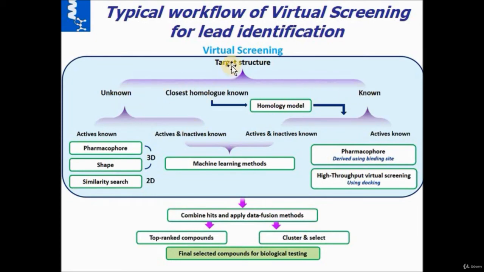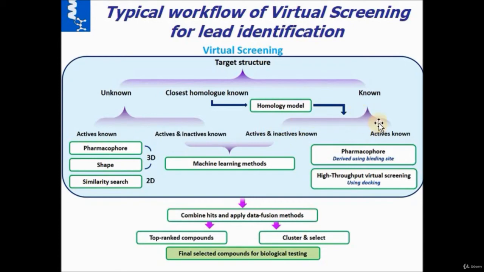Okay, so this can be divided into two main methods. One is when you have the information regarding the drug target of your interest, that is, the target structure is known, and the other is when your target structure is unknown. If the structure is known, it again depends on whether a compound is already known which binds to the drug target of your interest, especially at the binding site of your interest, or unknown.